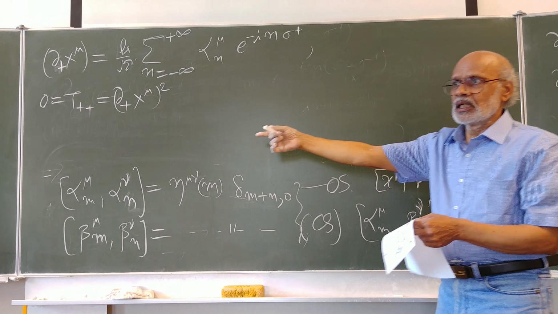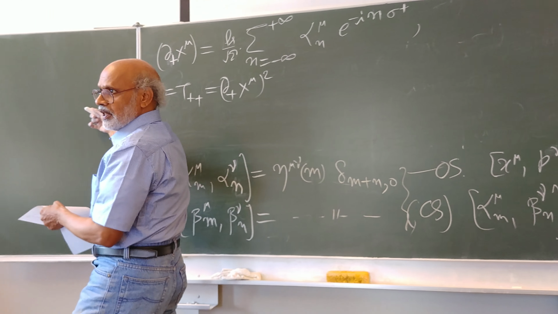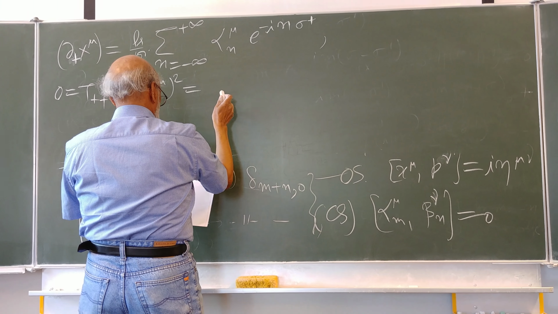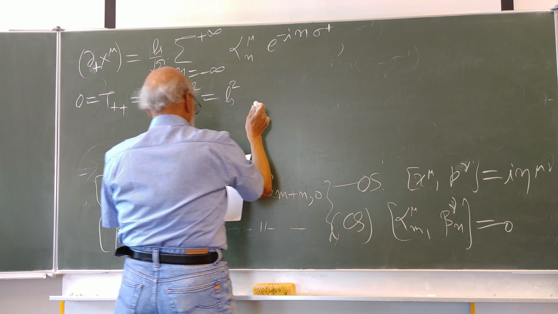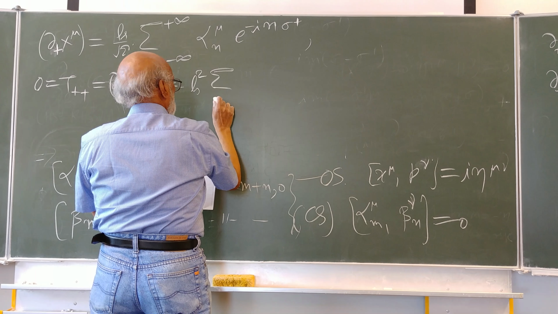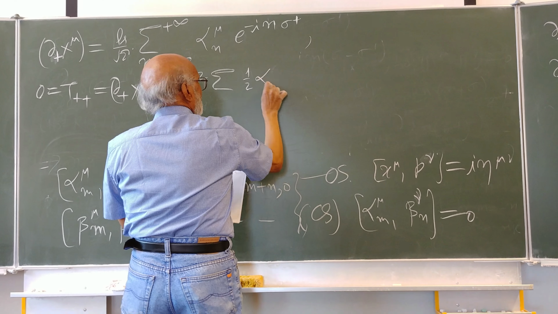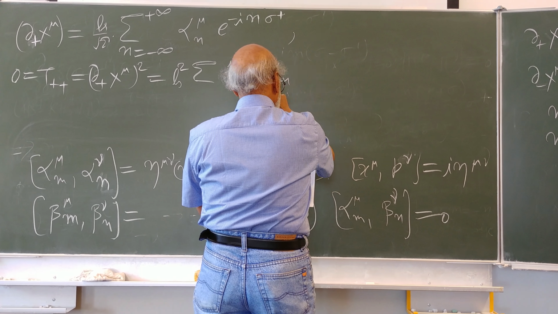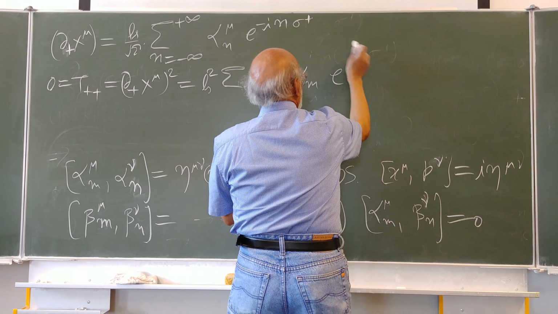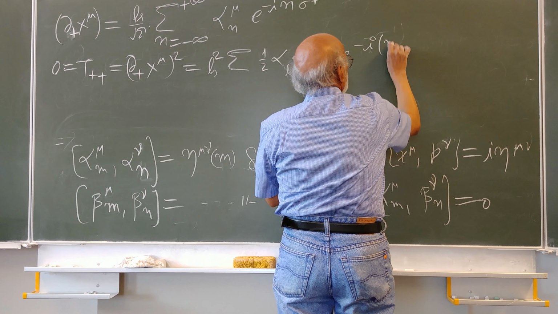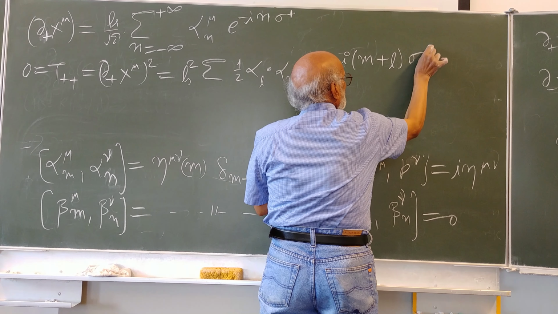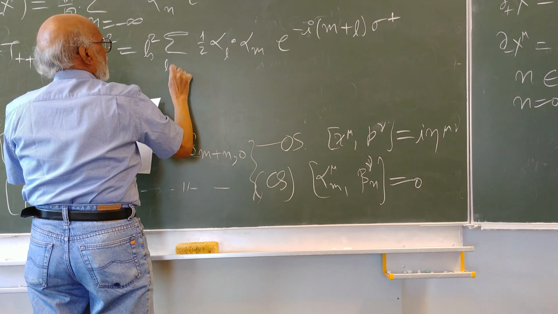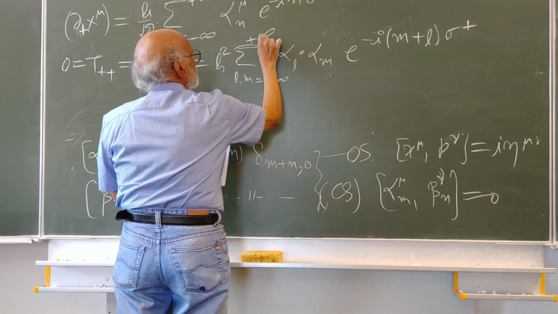This is one of the constraints that the T plus plus component of the energy momentum tensor vanishes, and this could be written as Ls square times 1/2 alpha l scalar product in the D space alpha m, e to the power minus i(m plus l) sigma plus, and here l and m go from minus infinity to plus infinity.